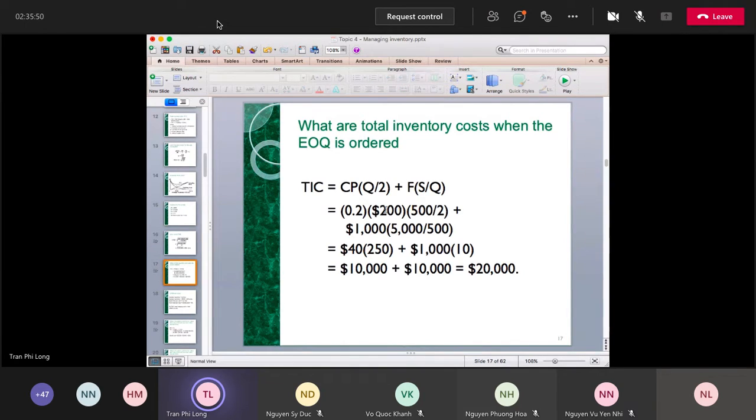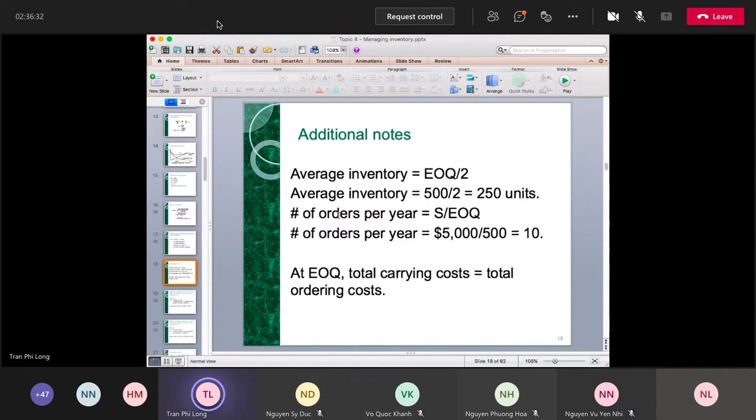And then you substitute the optimal level into this formula, and then you can calculate the optimal level for total inventory cost, okay? So the optimal level for the total inventory cost will be 20,000 USD. And the optimal total carrying cost and the optimal ordering cost will be 10,000 USD each. Okay, it's easy. So in the final exam, I may ask you to calculate this one, or I can require you to calculate this one.